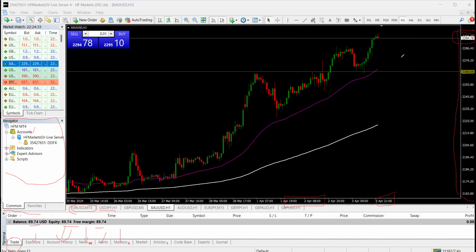So when I said buy gold or sell gold at 22.76, where is 22.76? Somewhere here. When price is not there yet, then you have to wait for price to get there. When price is already there, then you can execute a trade.